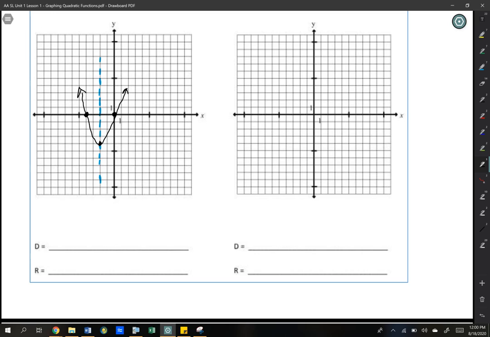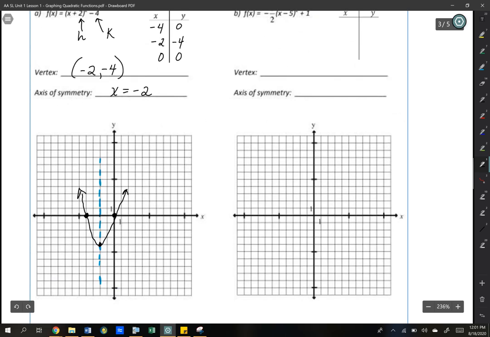Since all x values are going to be included here, we're going to note that the domain here is all real numbers. I always like to do the domain and range after I've drawn the graph. The range is all the possible y values, and the y values start right here at -4 and including -4 and go to positive infinity. So our range is going to be from -4 to positive infinity.